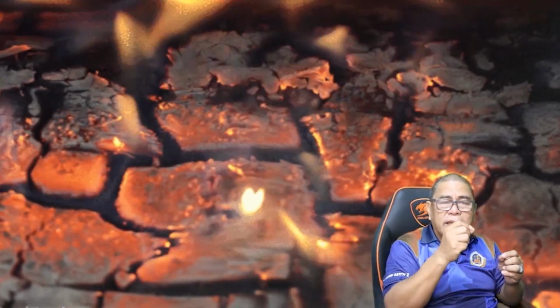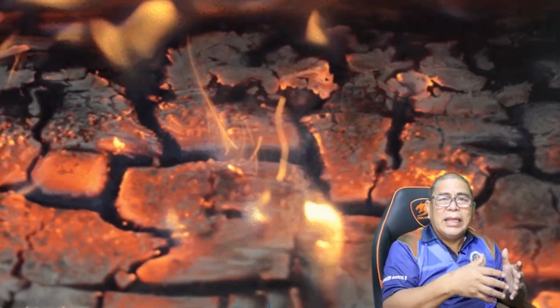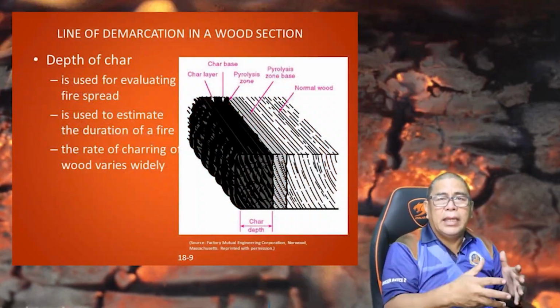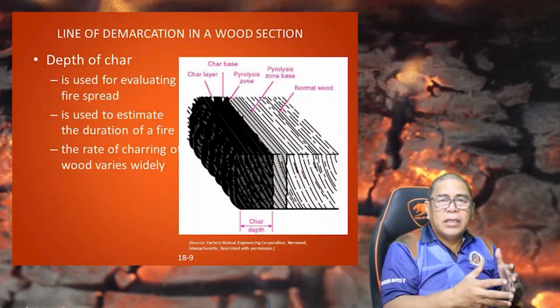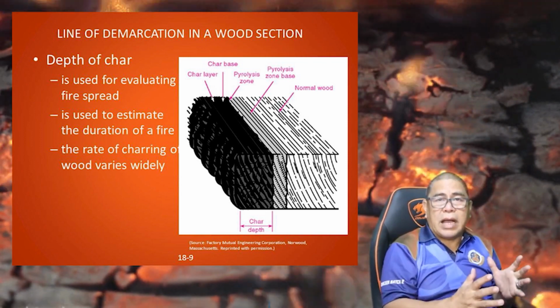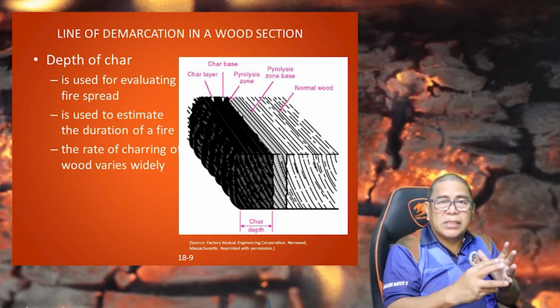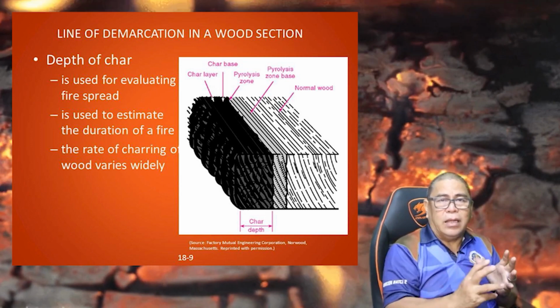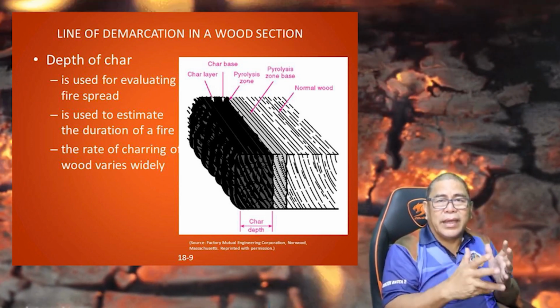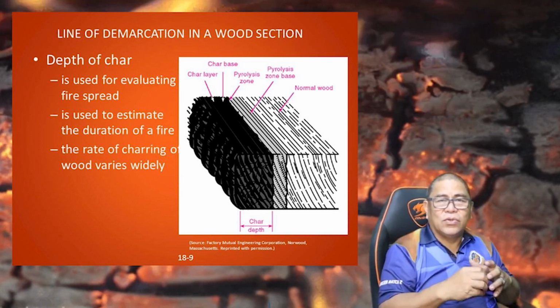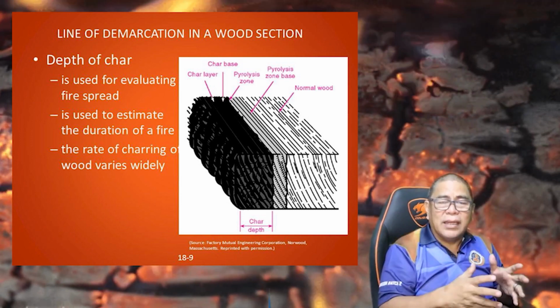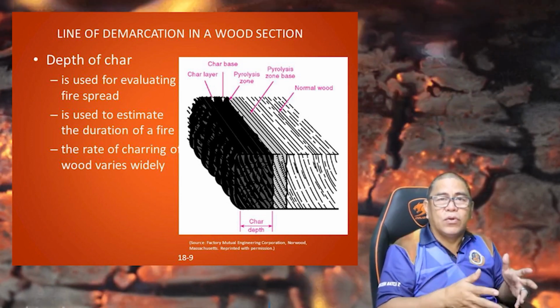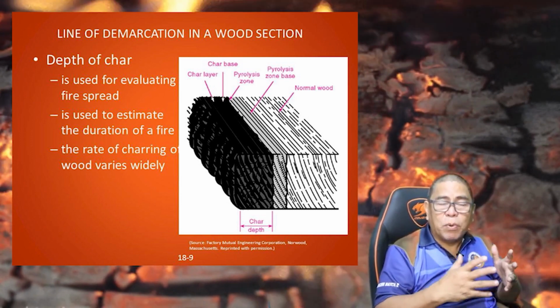Kung lalong liliit yon, that only shows na malalim na ang nakain ng apoy, or kung nabutas na yung kahoy. So that means most likely doon ang intense heat. So this is again being looked into by the arson probers.